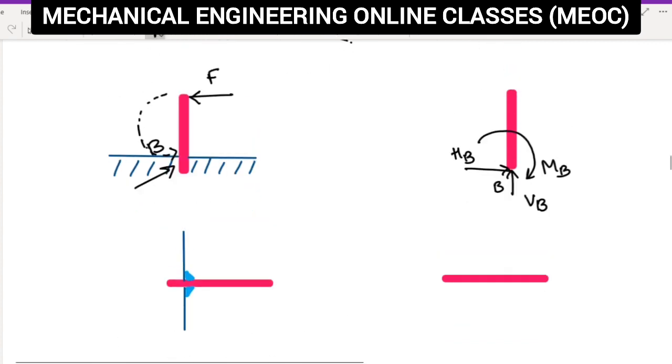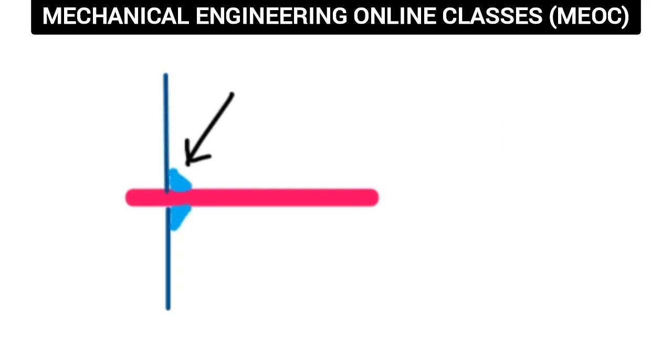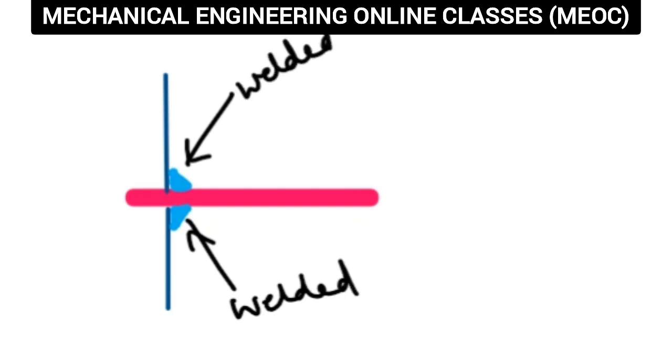So suppose there is a beam or rod welded at these joints. So this is the weld symbol. This symbol means that it is welded at those locations. So this is nothing but it is fixed here.